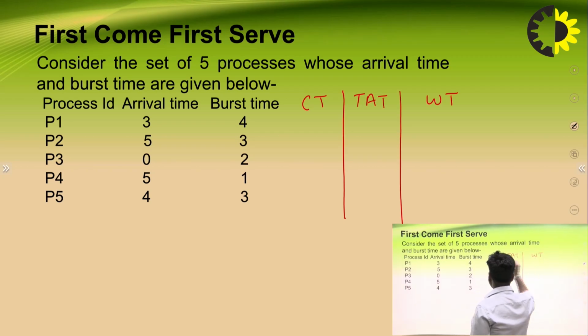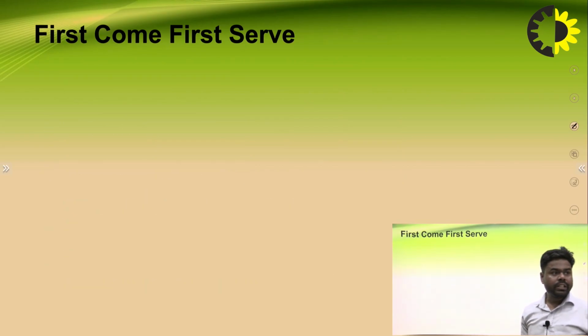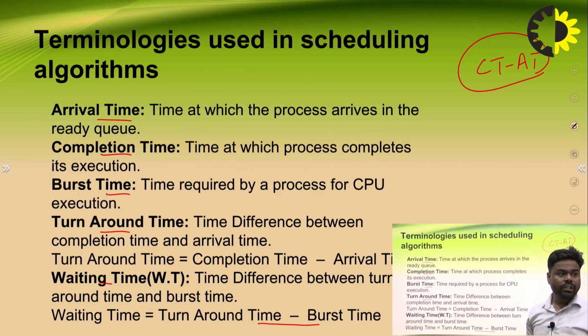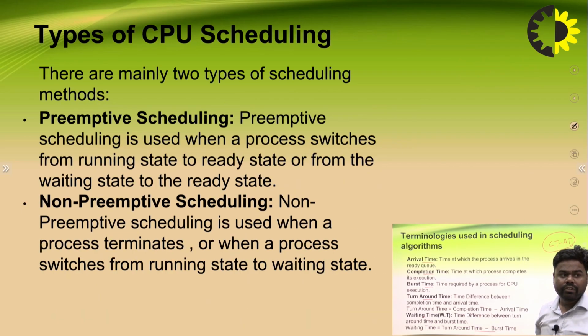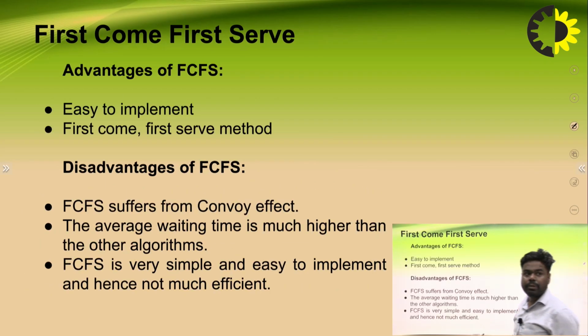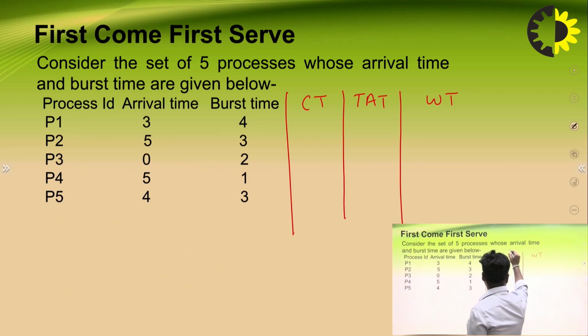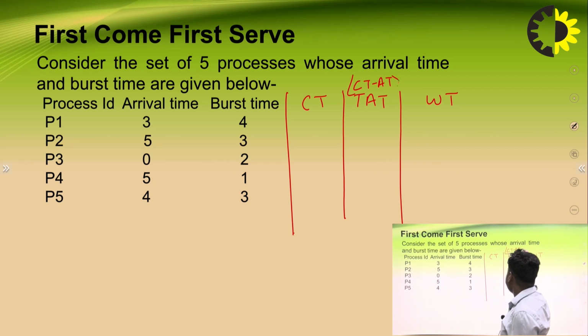The turnaround time, as we have read, what is the turnaround time? Completion time minus arrival time. So we will write here: completion time minus arrival time, CT minus AT. That is the turnaround time. And waiting time is TAT minus BT.